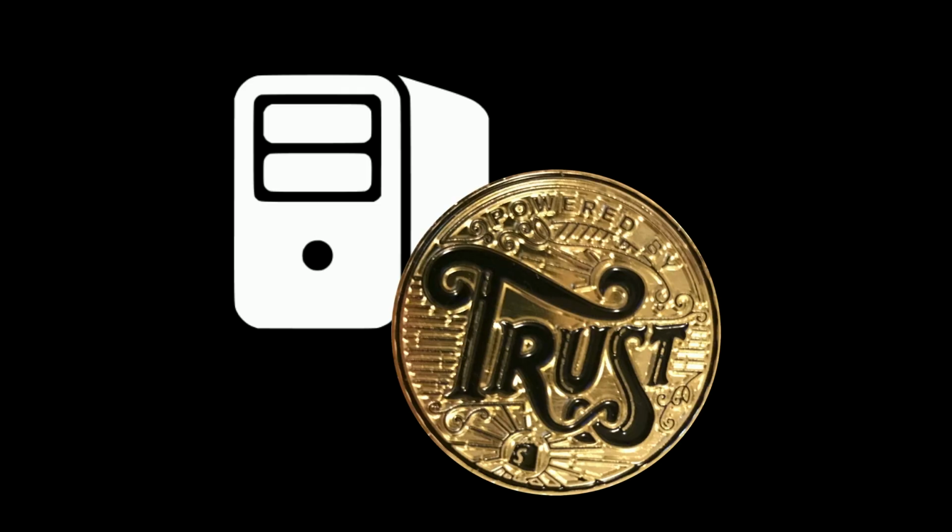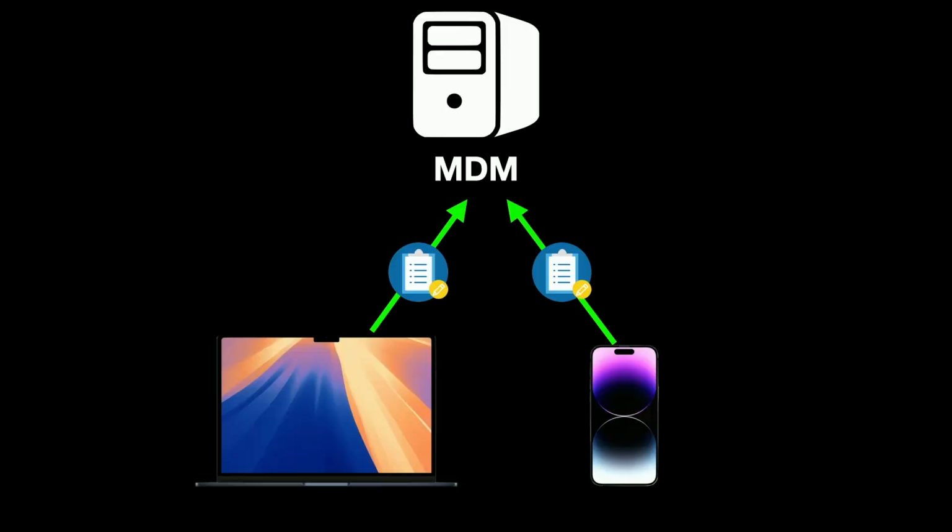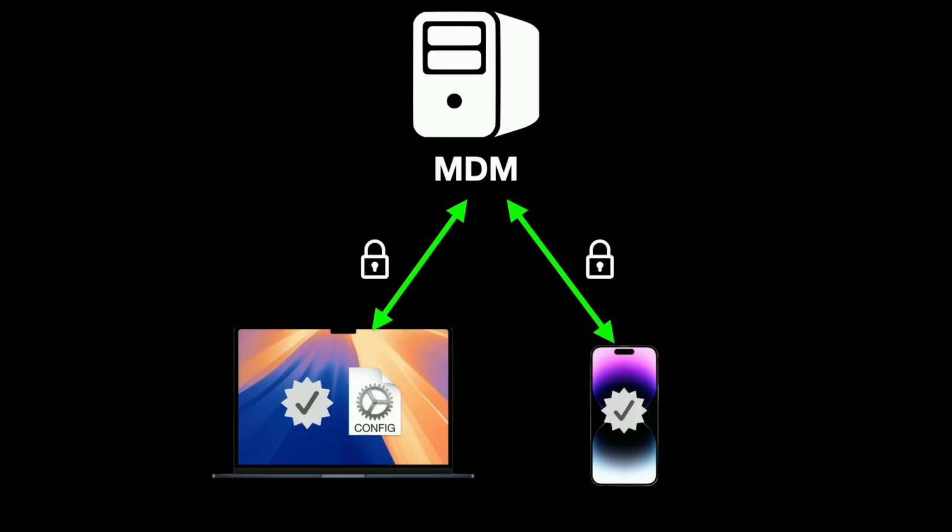But how does the device get the token from APNS and know to forward it to your MDM server? Well, this happens as part of MDM enrollment. The device will connect to the MDM server and send in an enrollment request. As part of the enrollment process, the MDM configuration profile is downloaded to the device. The device is now managed by the MDM server.